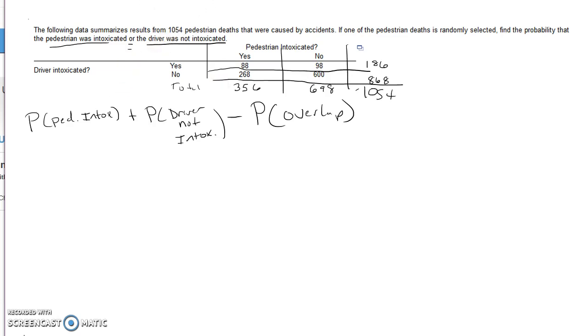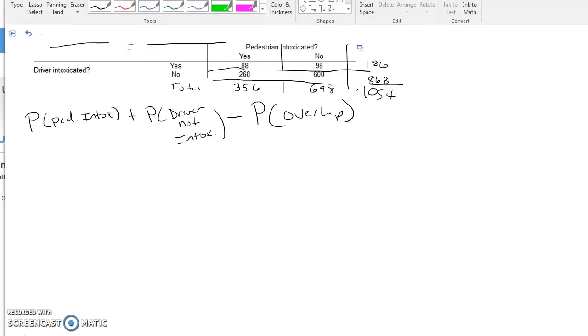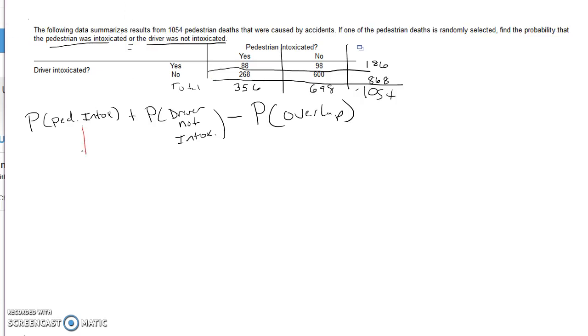Okay, so it's really good to get those totals. Now that we have those, we can start breaking these down. Let's find the total number where the pedestrian was intoxicated. We can see that this is this row right here. So the probability of an accident having a pedestrian that was intoxicated was 356 out of 1054.